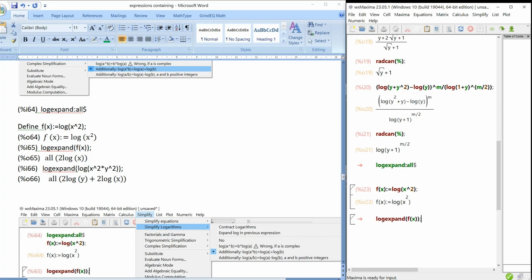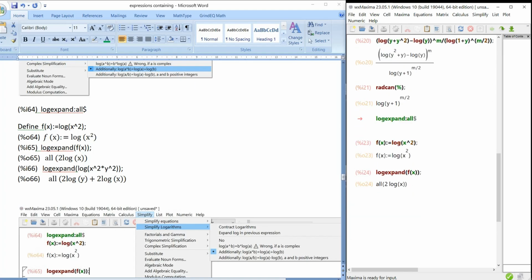So what I do, I move to next cell and I paste this function log expand. This is the function name, log expand, and I am expanding fx. You all know, after expansion, after simplification of log x square, what we get? The power 2 will come before logarithm, so answer will be 2 log x. Let us see. Yes, here it is. 2 log x is the answer, right?